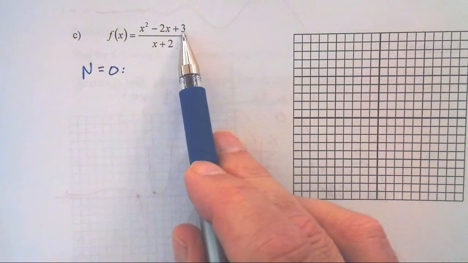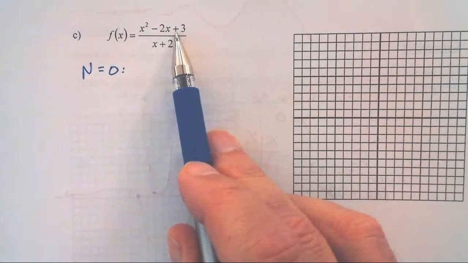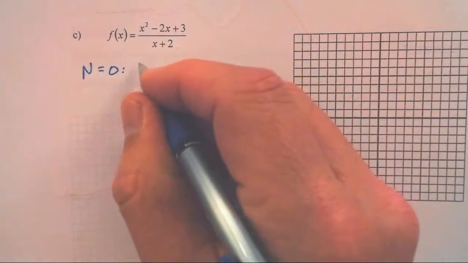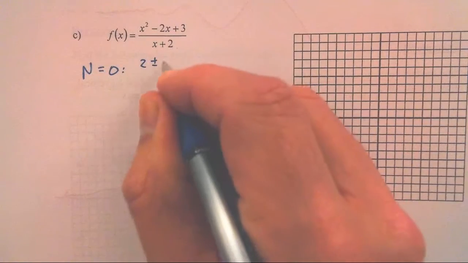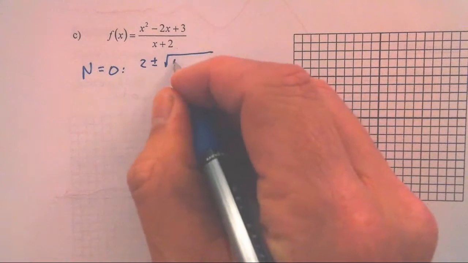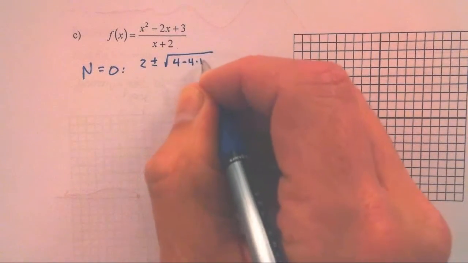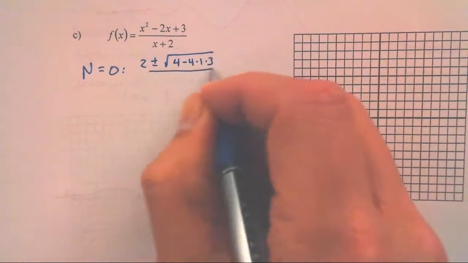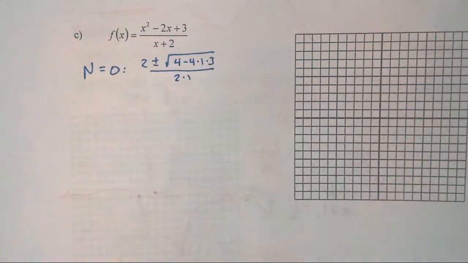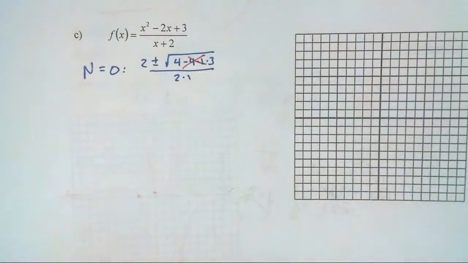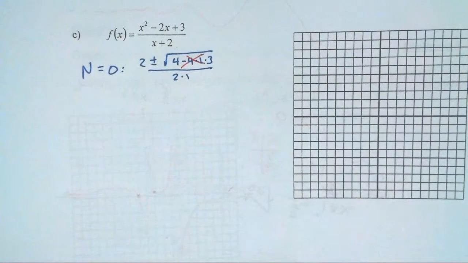And -3 times +1 is -3, it doesn't factor. So opposite of b, plus or minus square root b squared, that's 4, minus 4 times a times c, and I don't have to do any more. I could put 2 times 1 down here, but this is negative. Which tells me my mole man aren't going to see their shadows. Right?